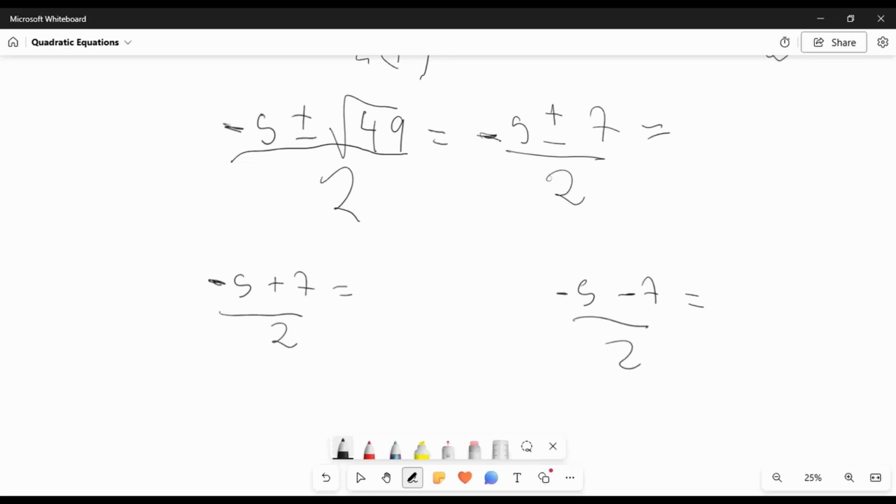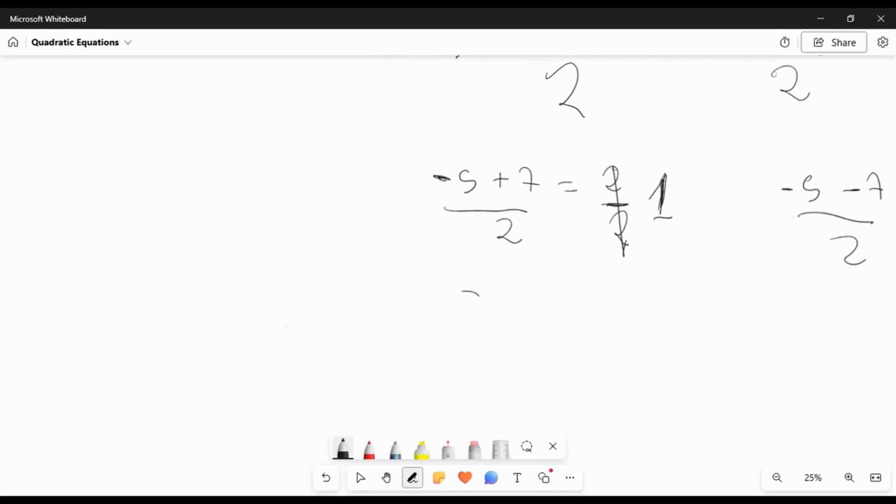So we have the answer here as 2 over 2, which is equivalent to 1. And the other answer is negative 12 over 2, which is equivalent to negative 6. So our x values are 1 and negative 6 using the quadratic formula.